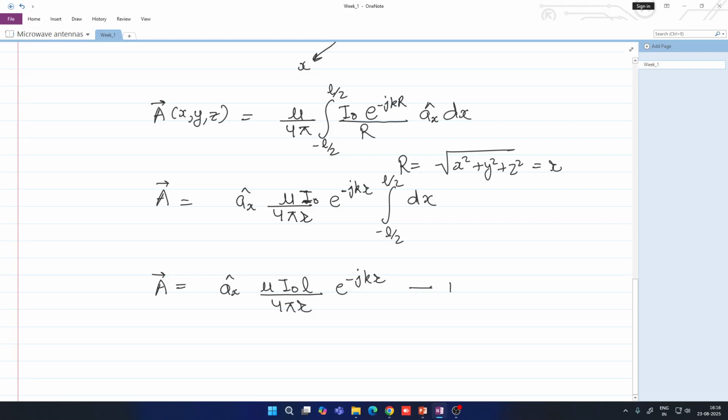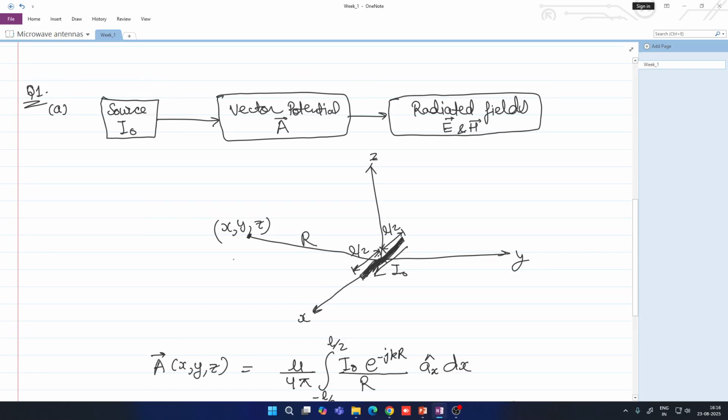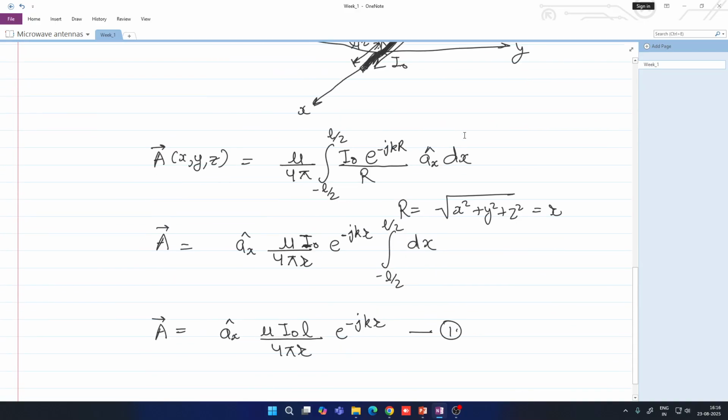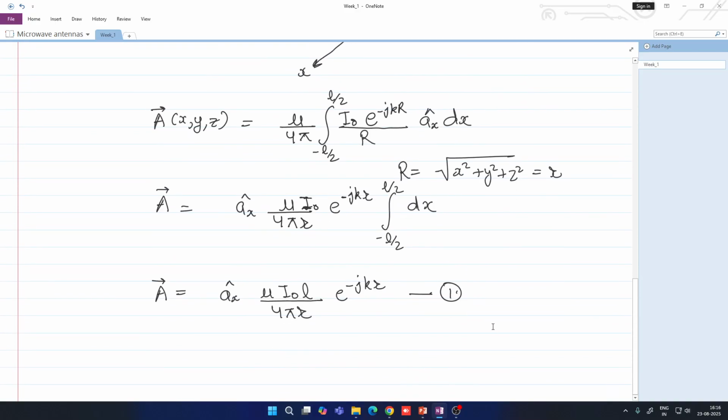So now we will let this be our equation 1, because the whole idea was to find the vector potential so that we can calculate the radiated fields, because in the problem we have been asked to solve for the radiated fields, right?